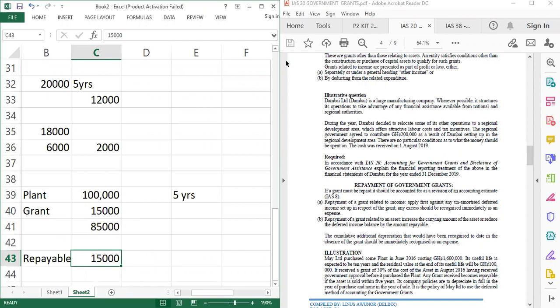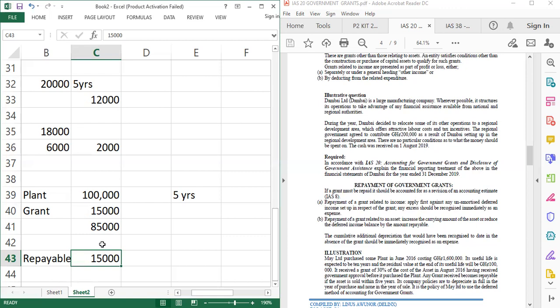Okay. So what will happen is that if the grant becomes repayable, it means that at the date of purchasing this particular asset, the grant was not taken at all. Are we okay? If the grant was not taken at all, what should have been the depreciation? And what is the depreciation after you consider the grants?